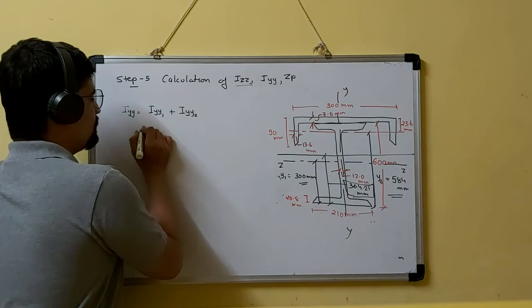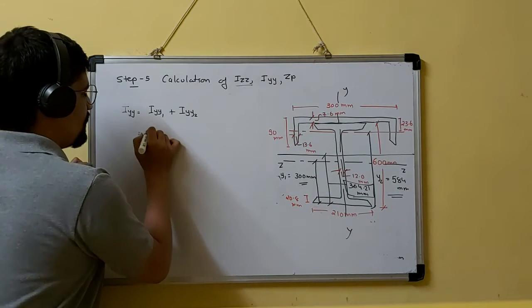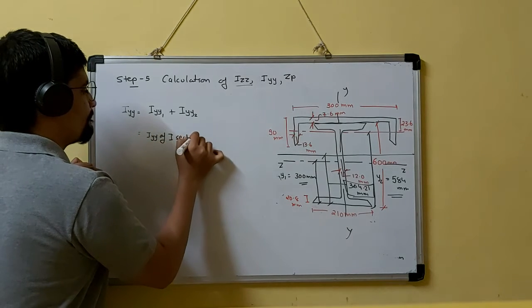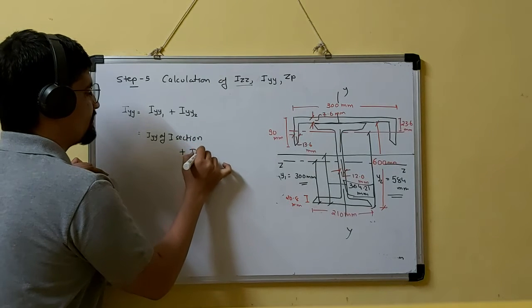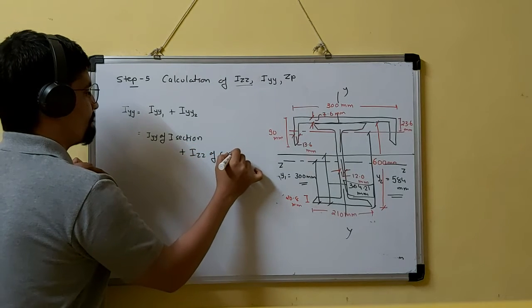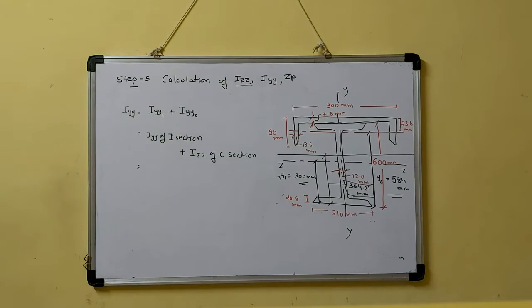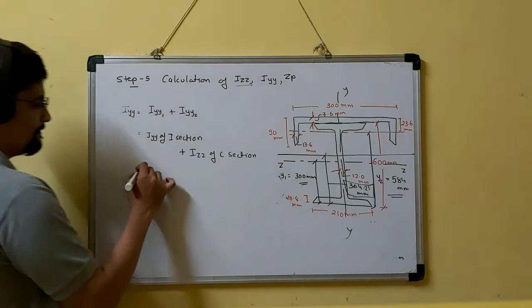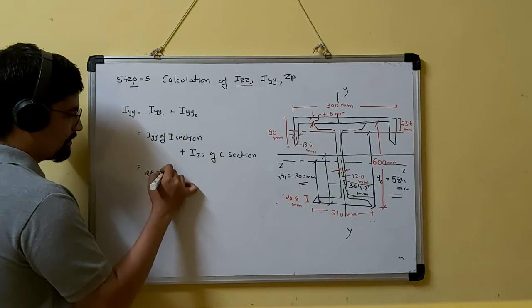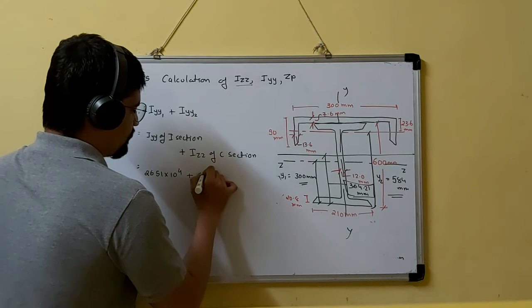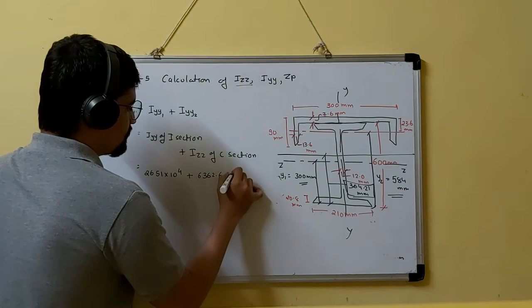So IYY1 means the IYY of the I section plus IZZ of the C section. The value of IYY of the I section, from the steel table, is 2651 into 10 raised to 4, plus 6362.6 into 10 raised to 4.